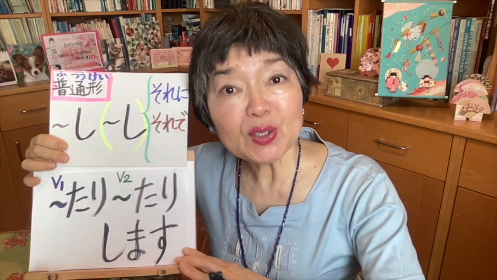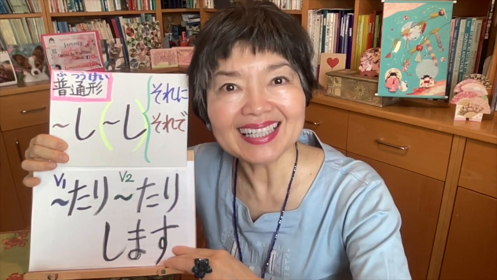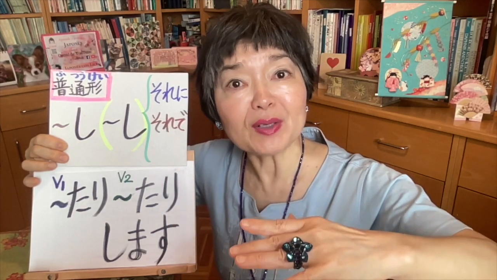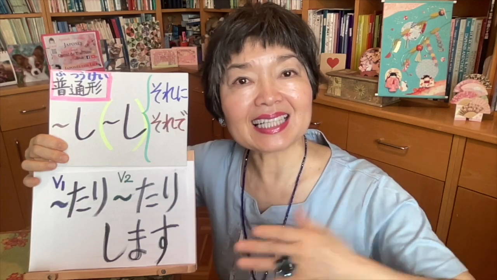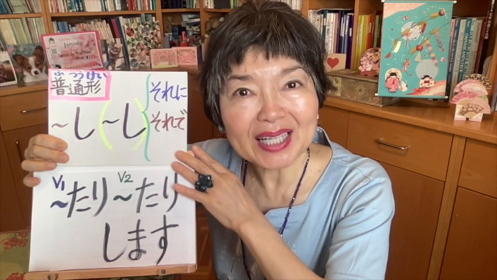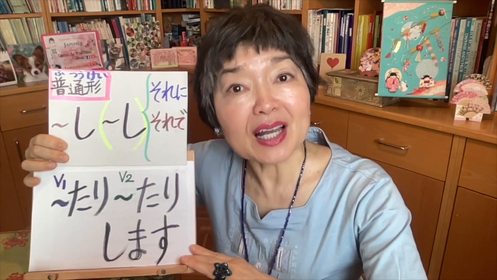But when you can use these sentences, shi, tari, then your level is higher. This is like an intermediate. So it's very good to try to use shi or tari in your conversation.